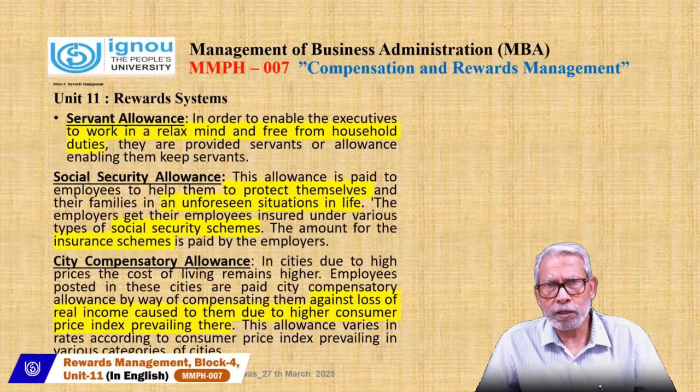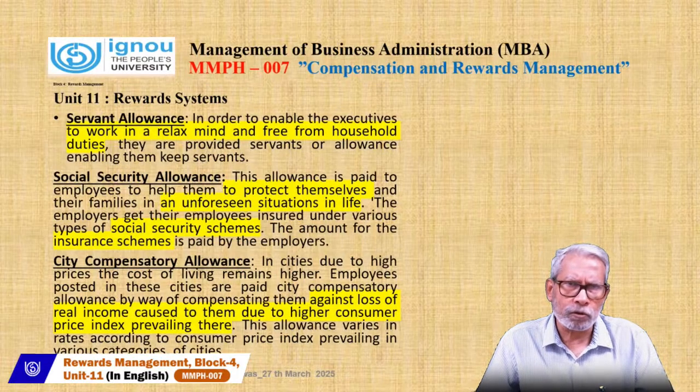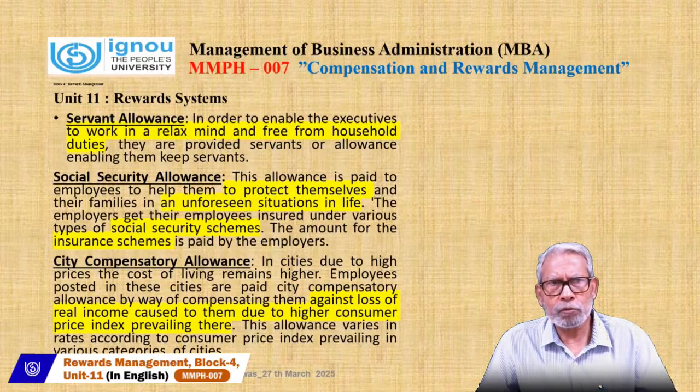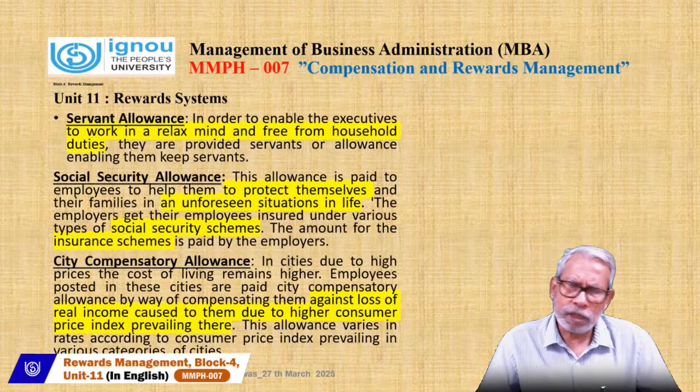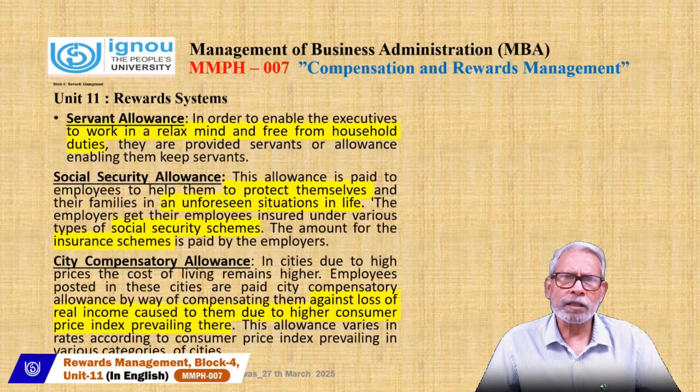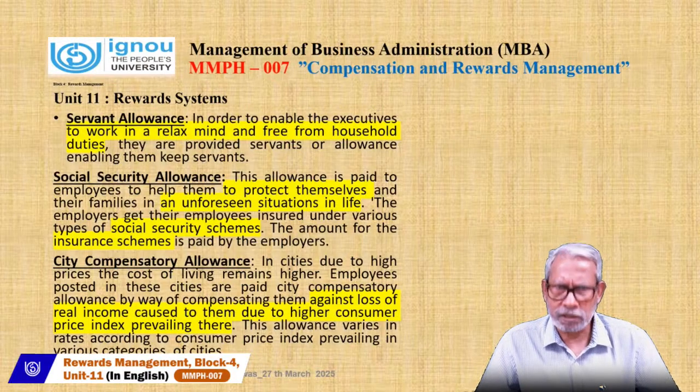If the top authority is always in stress about what food they have to arrange, so this is to relax them so that they can work freely, concentrate, and dedicate their work to the company. So, servant allowance.